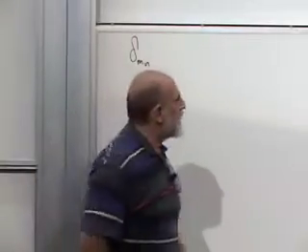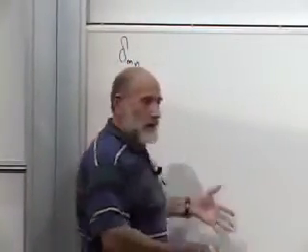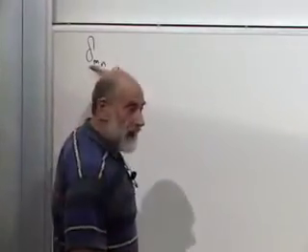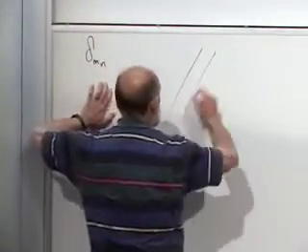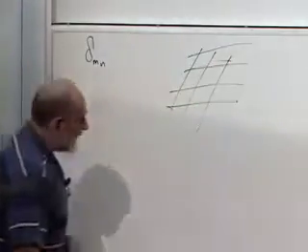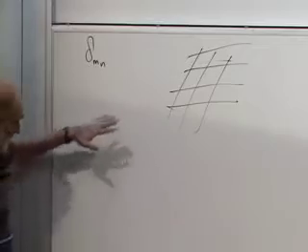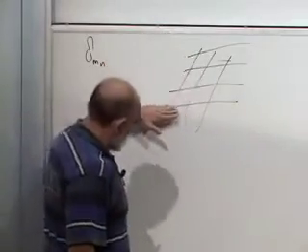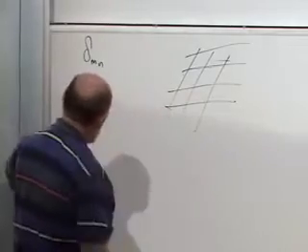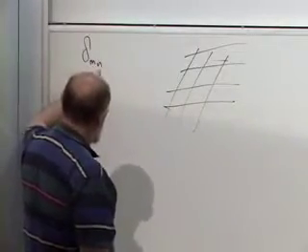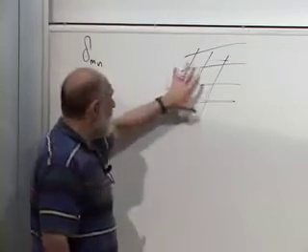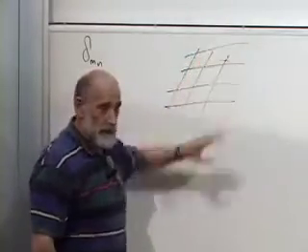Incidentally, there are coordinates in which the metric is constant in space, but in which it's not delta mn. If you choose coordinates which are at angles like that on this blackboard, but which are completely uniform, made up out of straight lines, equally spaced, then the metric is not delta mn, it's some other numerical tensor like this, but it's constant from point to point.